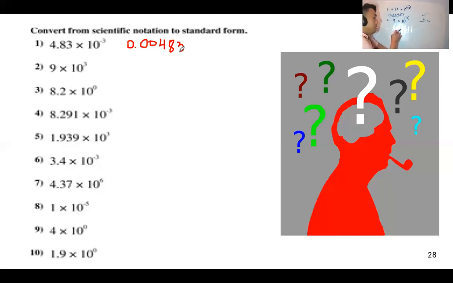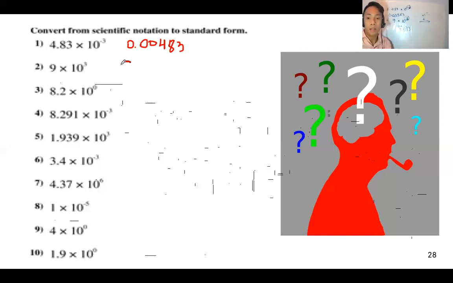And then this is a whole number. A whole number has a decimal point at the end of the number. So it's here. We need to move this one 3 times to the right. 1, 2, 3. Okay? So 1, 2, 3 zeros. So the answer for number 2 is 9,000.